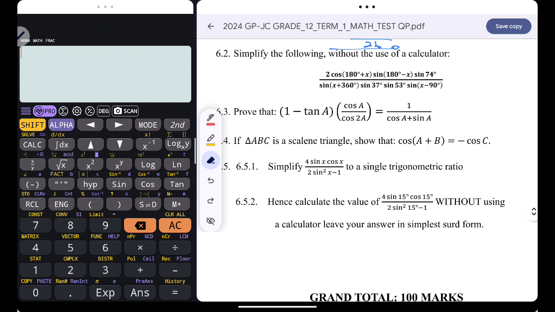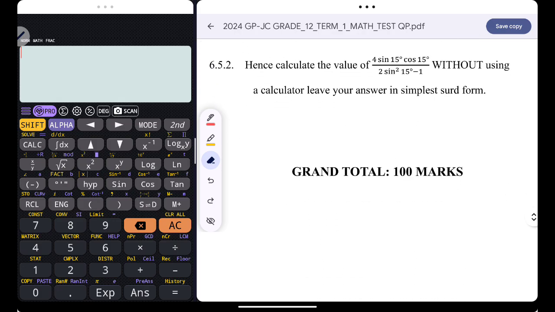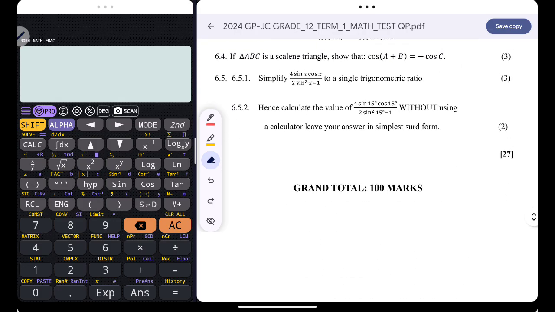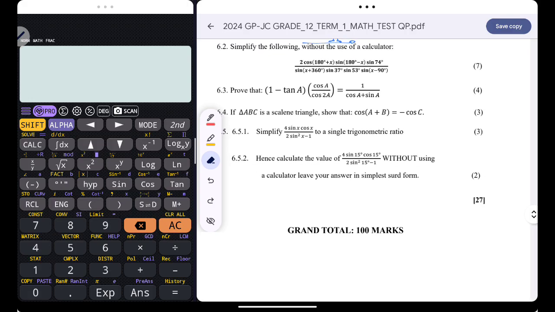And then 6.2, we are supposed to simplify without the use of a calculator. Okay, what are we given?